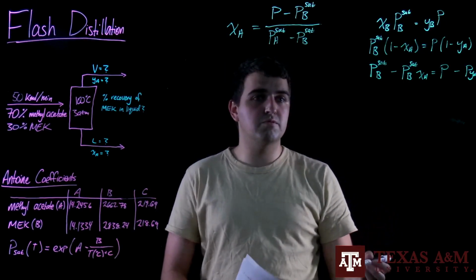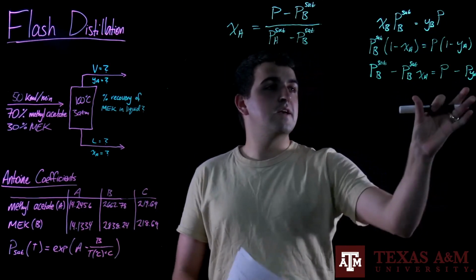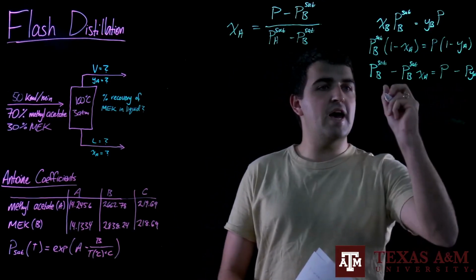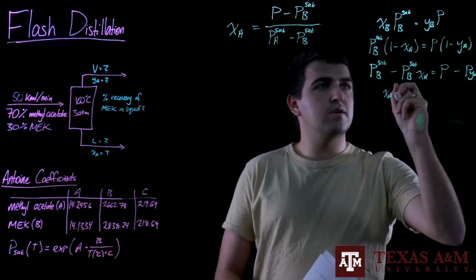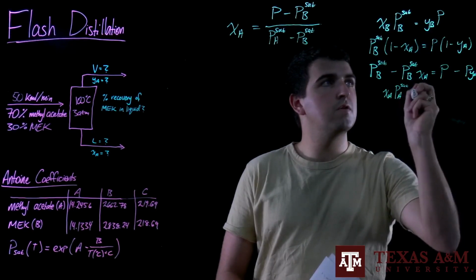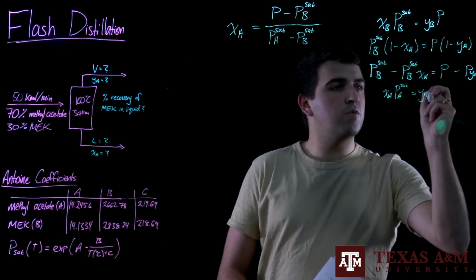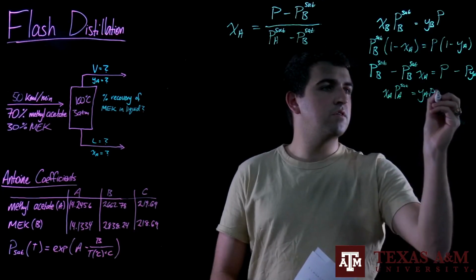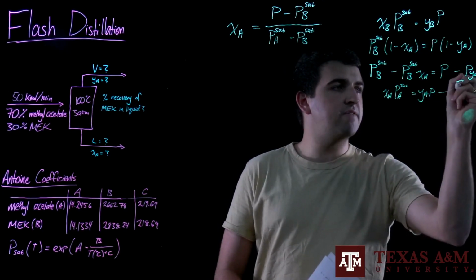From the Raoult's law on our A species, we have XA PA sat equals YA P, which is exactly what we have here.